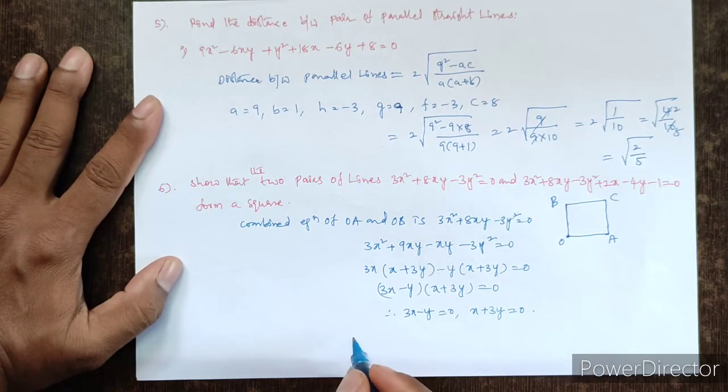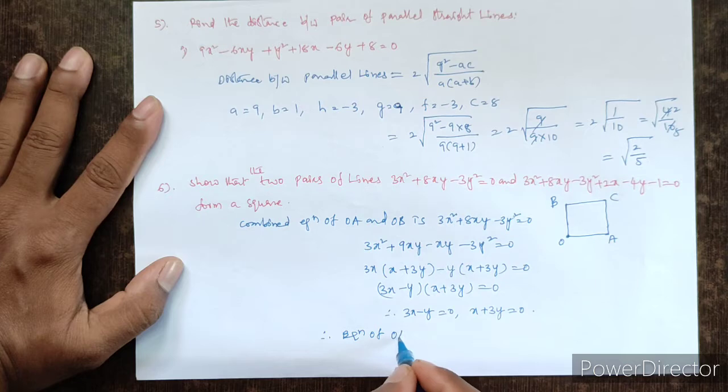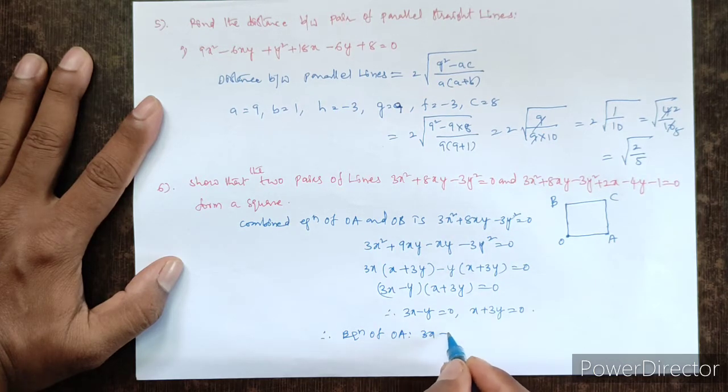So I am letting these equations. Therefore equation of OA is 3x minus y equal to 0. This is 1.